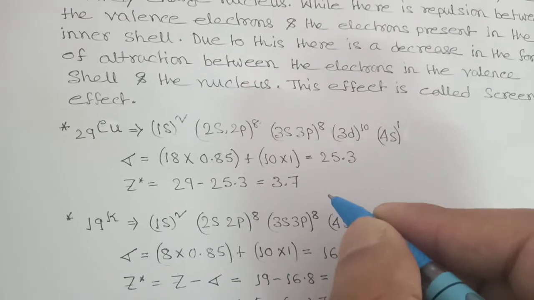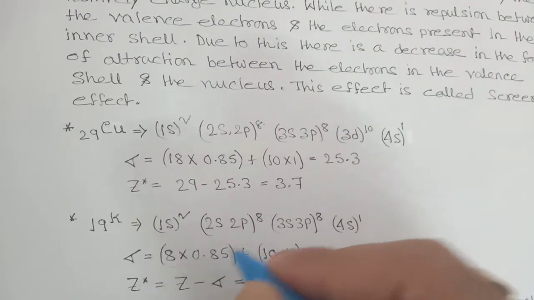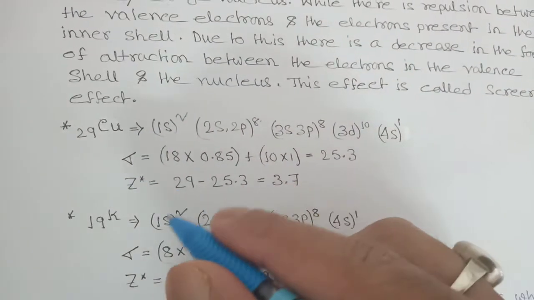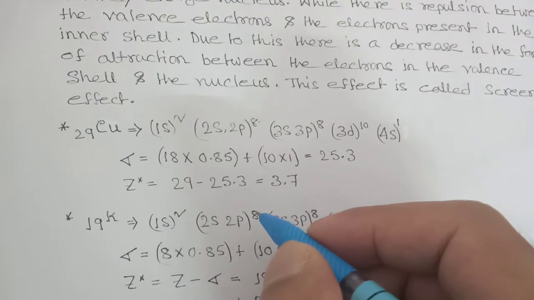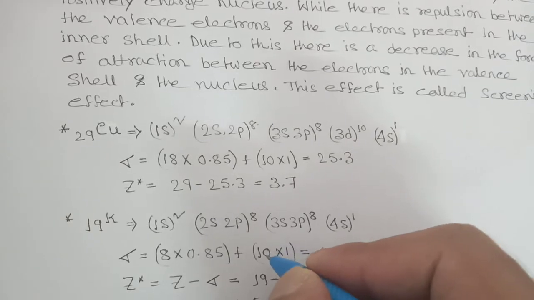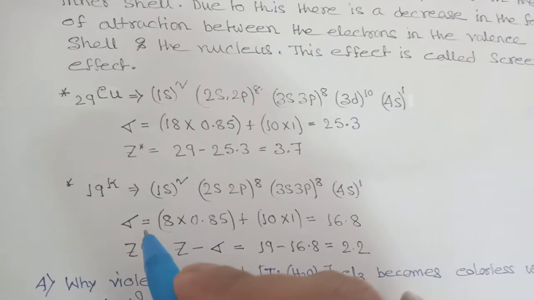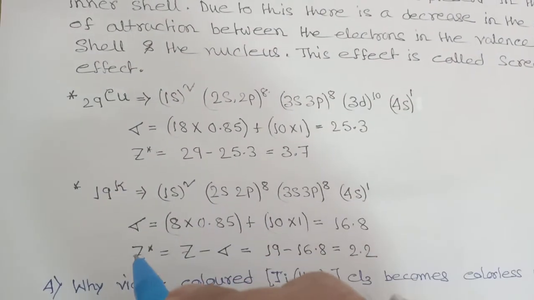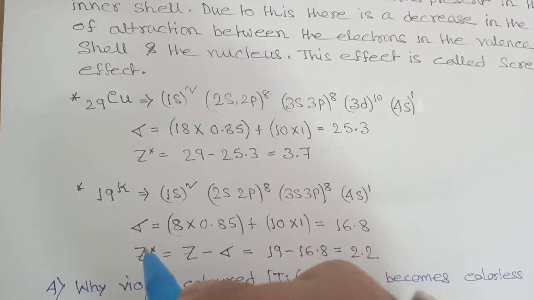So we have to multiply 8 into 0.85. And for the n minus 2, n minus 3 shells we have 10 electrons and per electron contribution is 1. So we have to multiply 10 into 1. In this way you can calculate sigma, and then you can calculate Z star, means effective nuclear charge.